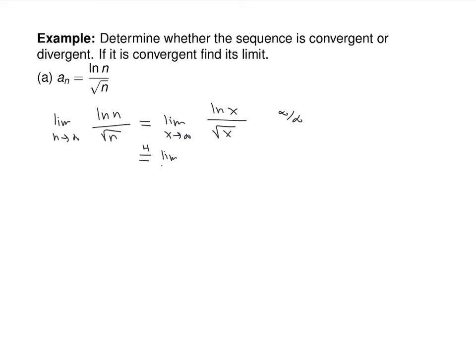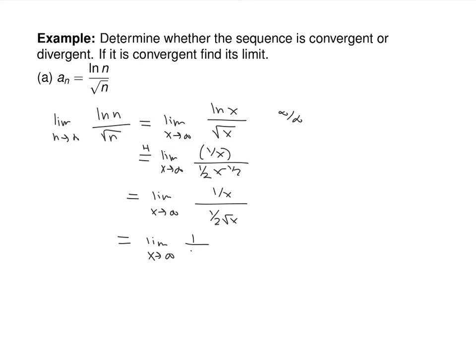This is equal to the limit as x goes to infinity of 1 over x over 1/2 x to the negative 1/2. And before you go nuts and apply L'Hopital's rule again, let's try to simplify this and hope that we don't have to. So that's the limit as x goes to infinity of 1 over x over 1 over 2 root x, which is the same thing as 1 over x times 2 root x over 1.